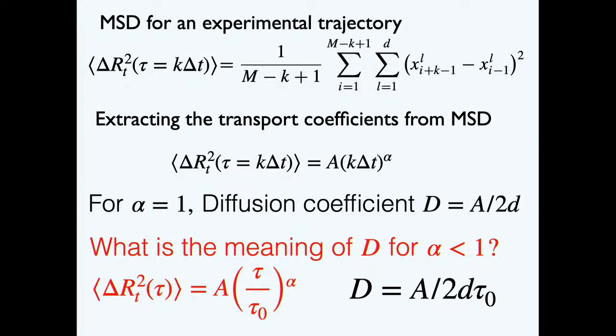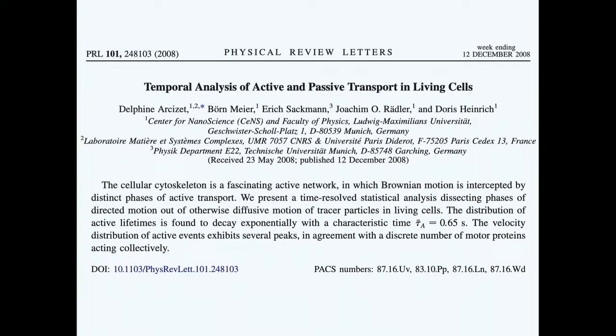Now, there have been some remarkable studies in this. What I was telling you was to calculate this mean square displacement, a single value out of the whole trajectory. So this is a paper where they performed this mean square displacement over small windows. They took a small box, calculated the delta x square formula, and then they slide the window over this, and they get a distribution of this exponent.